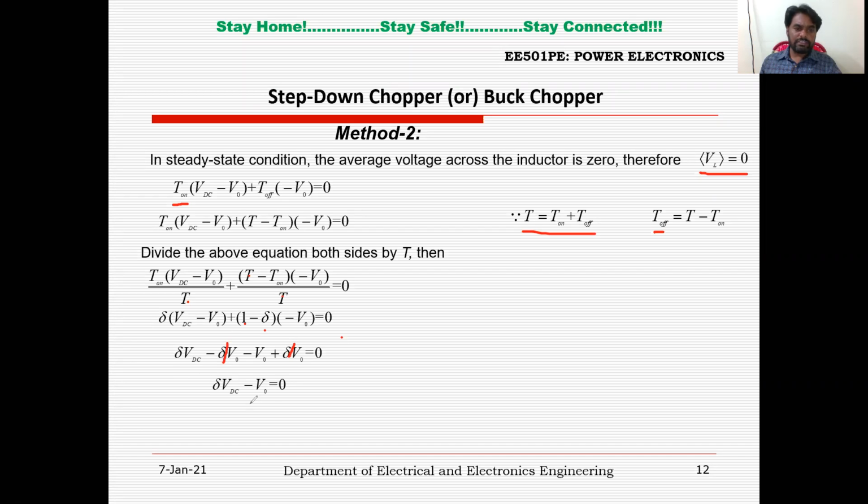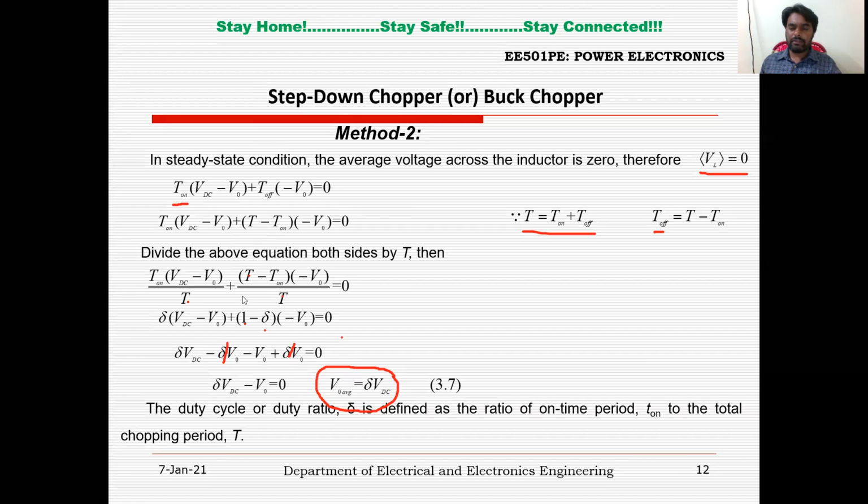So you can see delta VDC minus V naught equals 0. From this equation, you can say the average output voltage across the load equals delta times VDC, where delta is the on time period to the total chopping period. So it is the same expression which you derived in method 1. This is method 2, which is a very easy method.